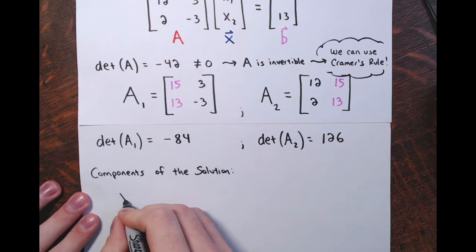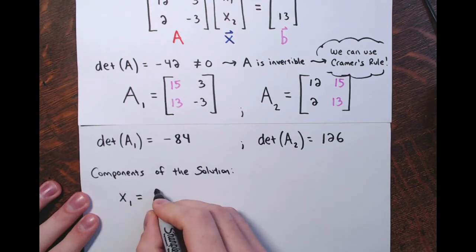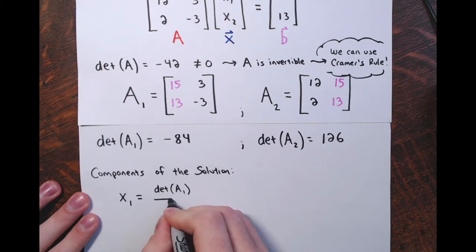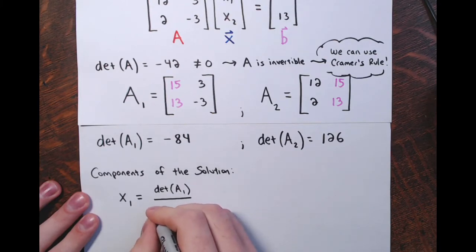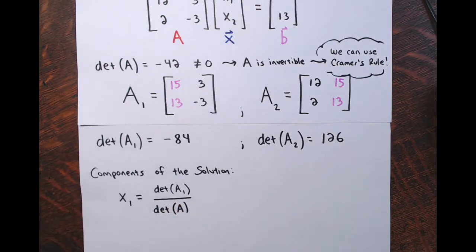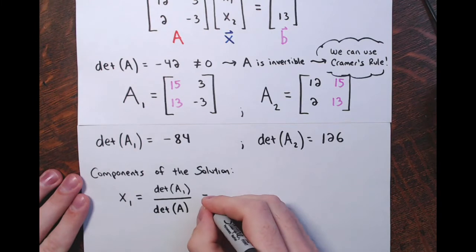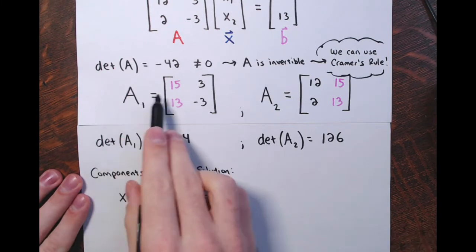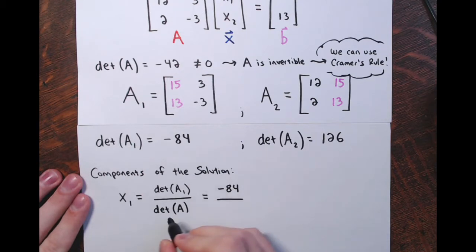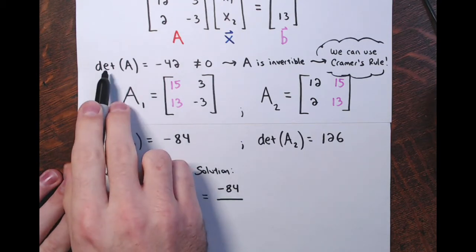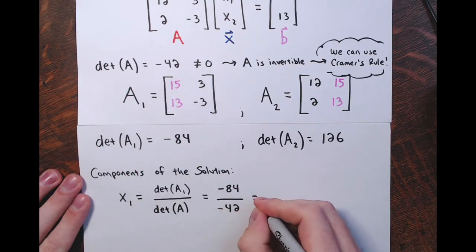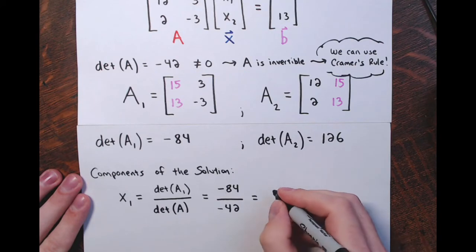So x1 is going to be the determinant of A1 divided by the determinant of A. The denominator in all of these is the determinant of the coefficient matrix. So the determinant of A1 we saw was negative 84 divided by the determinant of A, the coefficient matrix, was negative 42. And negative 84 divided by negative 42 is positive 2.